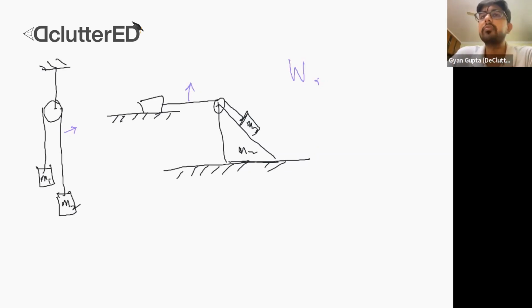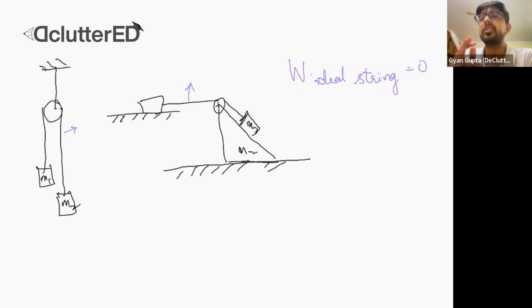This arises from the fact that an ideal string is considered to be inextensible, which results in tension being the same throughout the string, and since the total displacement in the string itself is 0, work done in an ideal string is 0, or work done by tension in an ideal string is 0, because tension is the only force acting in an ideal string.